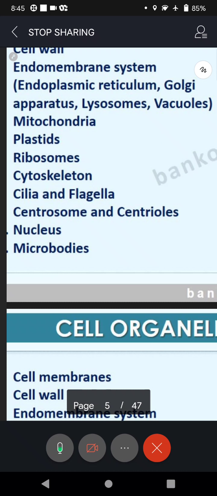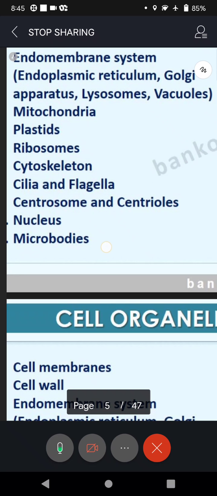And then the third one is leucoplasts. This is only storage. It stores foods. It is not responsible for any color, right? And these are also present in some of the lower animals. Whereas in our case, these will not be there. Why? We have got a well-developed stomach.